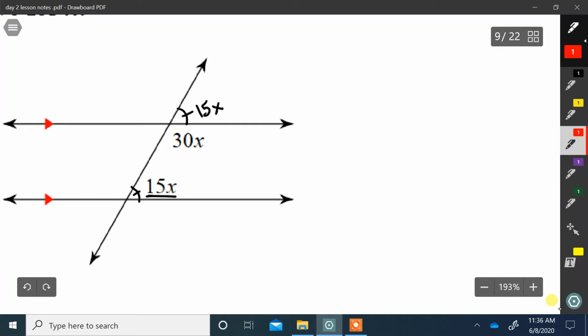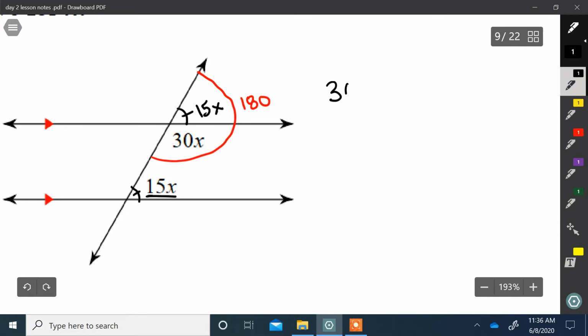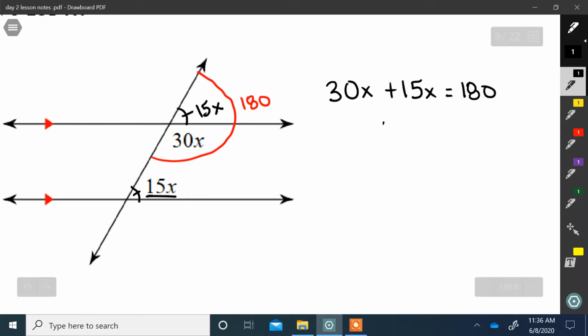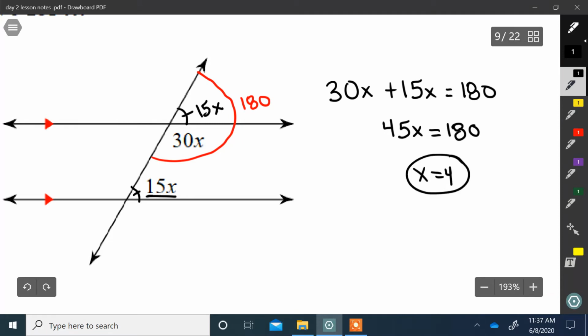And we know already that when you add all those together, you get 180 degrees. Okay, so we know that 30x plus 15x has to add up to 180 degrees. 30x plus 15x is going to be 45x. It's equal to 180. We're going to divide 180 by 45, and now we're going to get 4. That's my final and ultimate answer.